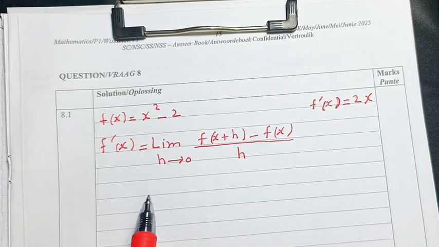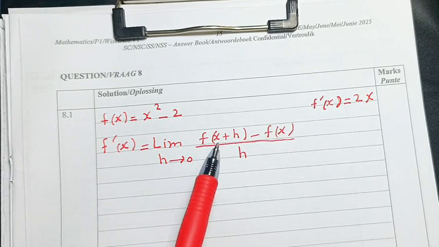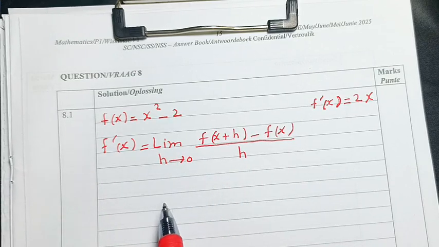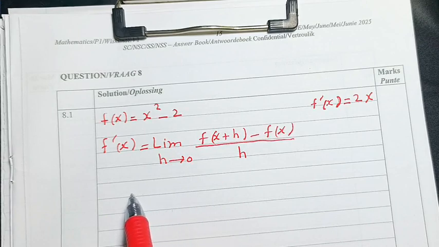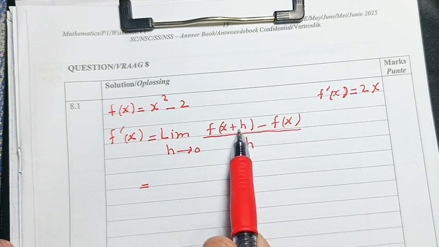So this is the formula for the first principle. Lim h approaches 0, f of x plus h minus f of x over h. This formula is going to be in your information sheet. Now I'm going to substitute everything I have and then solve. Equal to f of x plus h.